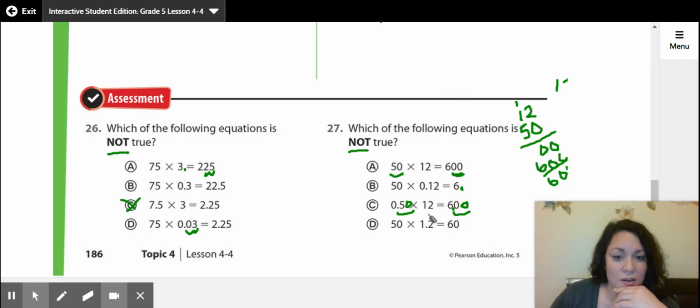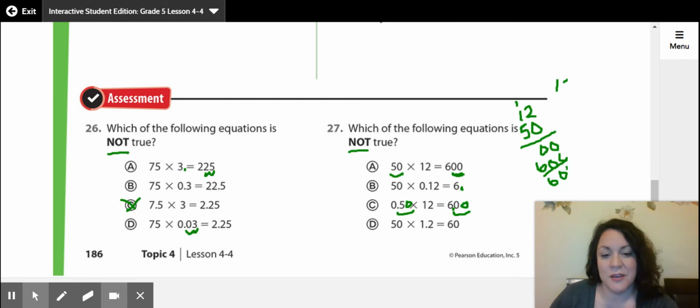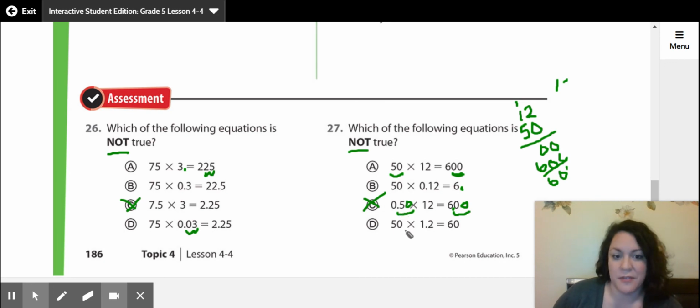Because if I have 12 and I times it by 0.5, which is a half, 6 is half of 12. If I had 12 times 1, that is 12. So if I'm timesing it by something less than 1, I'm going to get a smaller number. So 6 is right. So anyway, this is wrong. They had it as 60. That would be 12 times 5, not 12 times 0.5.